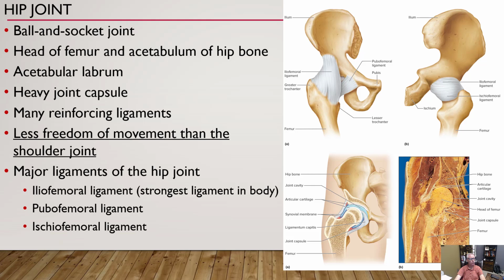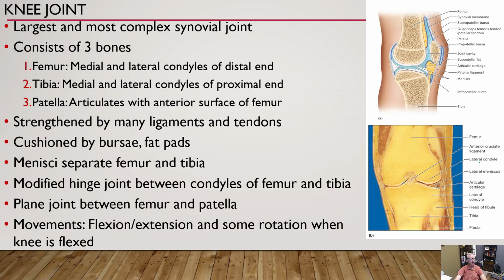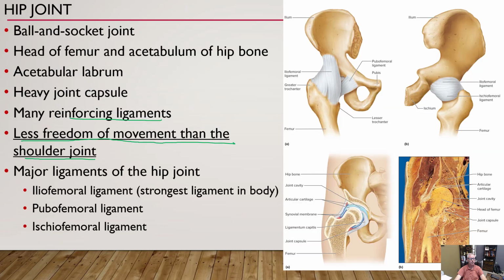All right, your hip joint, a ball and socket joint, between the top of the femur and the acetabulum of the hip bone. It is reinforced by a bunch of ligaments. It has less freedom of movement than the shoulder joint.